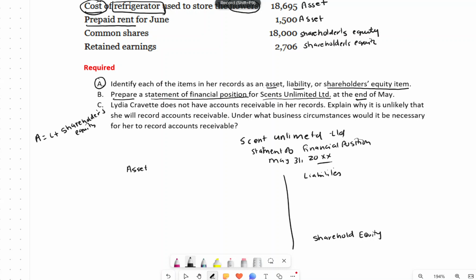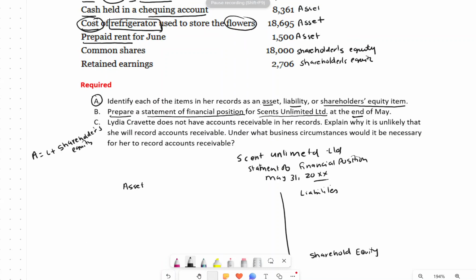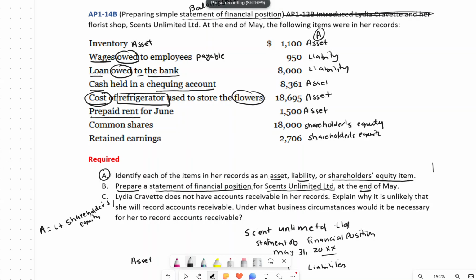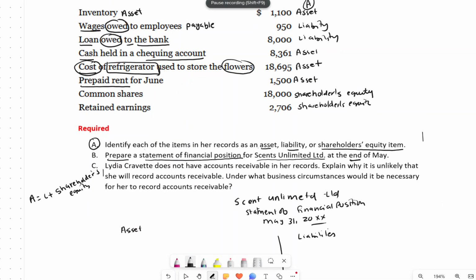So first we're going to put all the assets together, and we're going to do it in order. It doesn't have to be in order, but we have learned that we put them in liquidity order.